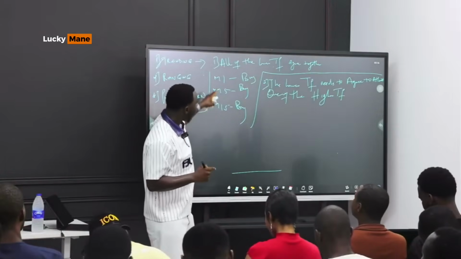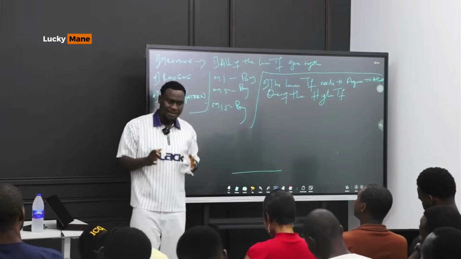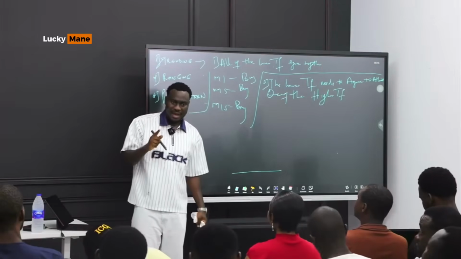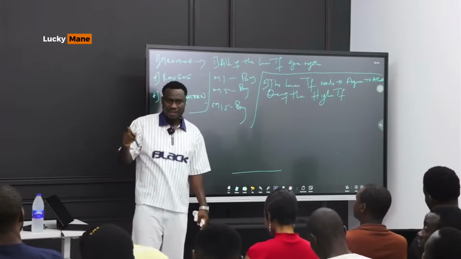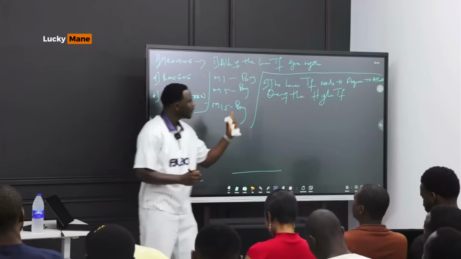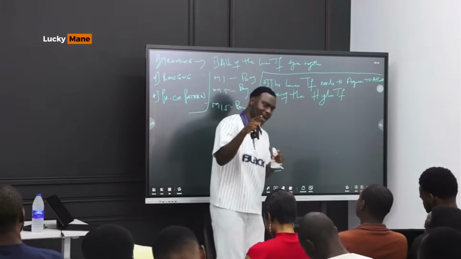So I already know that I have to have the same thing in my lower time frames. If I'm going to see a sell in M1, I should see the same in M5 and the same in M15. But now it needs to agree with at least one of my higher time frames.